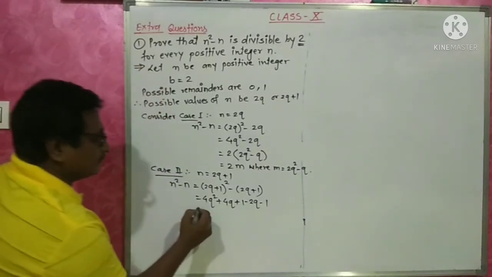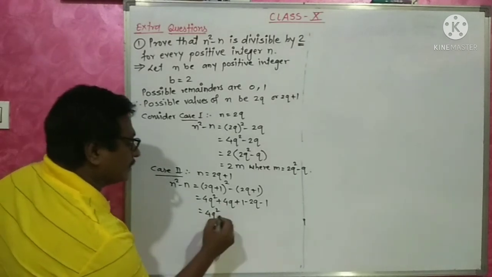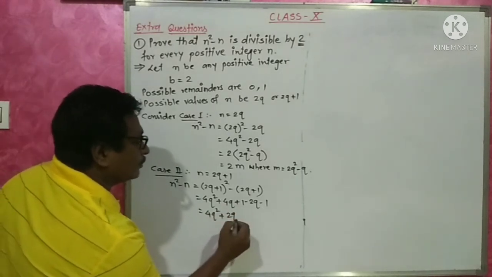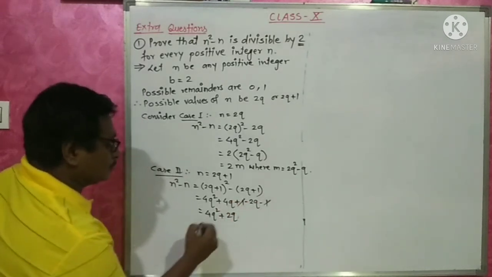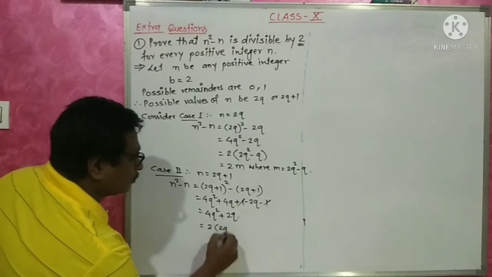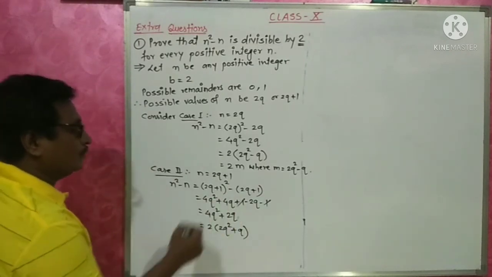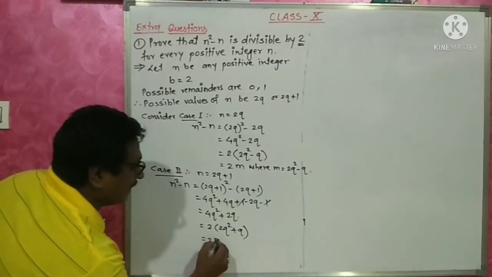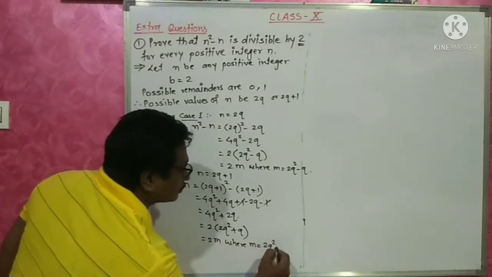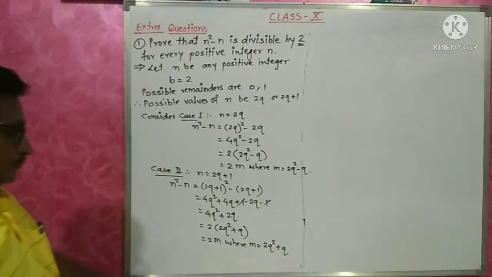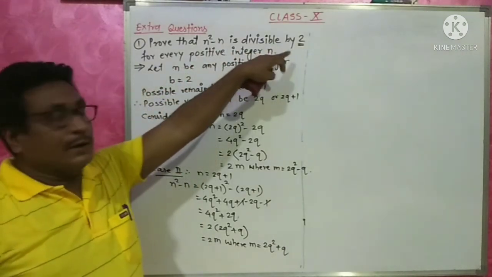So we get 4q square plus 2q, since 1 minus 1 is 0. What is common here? 2 is common: 2 times (2q square plus q), which is 2m, where m equals 2q square plus q. This is also a multiple of 2, means divisible by 2.